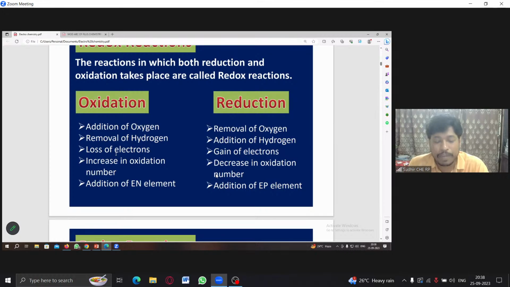If I ask you for a statement, easily you will say addition of oxygen is called the oxidation process. But why do we have to consider it like that? Why is addition of oxygen called the oxidation process, or removal of hydrogen called the oxidation process? Please, any one of you? Reasons.